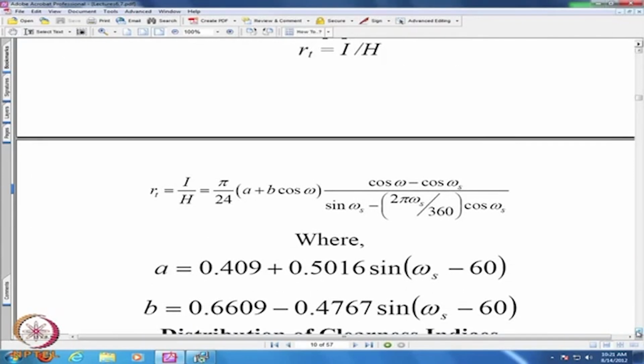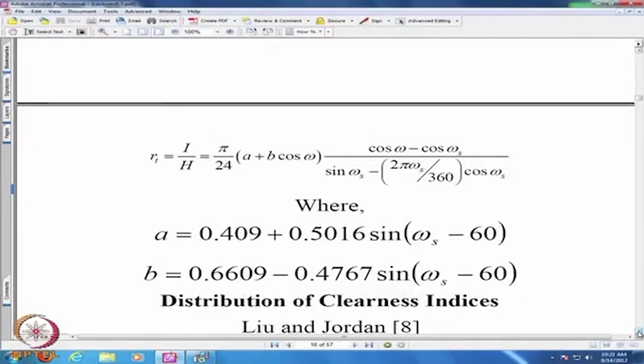But you should remember that these correlations for rt and rd work extremely well if you apply them for the monthly average day, and if you apply them for an individual day, the errors can be expected to be larger in general.